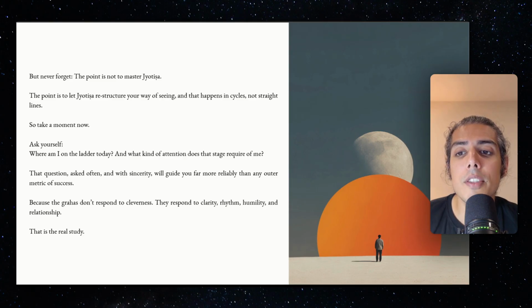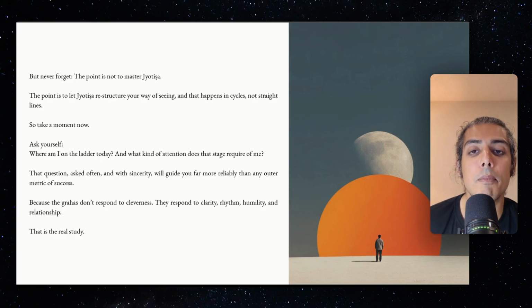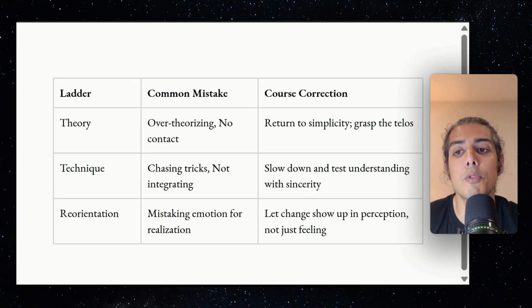That question asked often and with sincerity will guide you much better, because the grahas don't respond to cleverness, they respond to clarity, rhythm, humility, and relationship. That is the real study. So that's how we want to study. We want to have a more direct relationship to the subject, to the discipline.